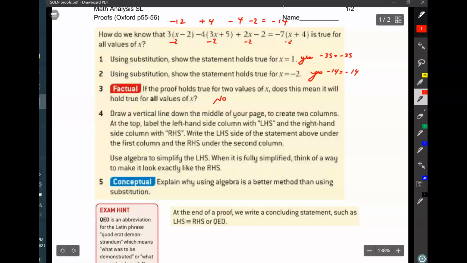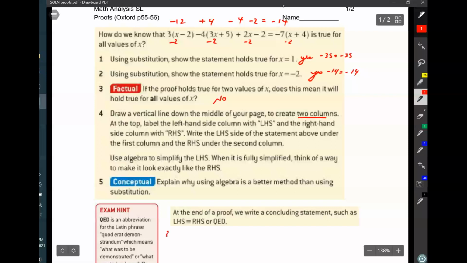Okay. Now what we're going to do is we're going to do a demonstration where we put this left side and right side on a page with 2 columns. And what we're going to do is we're only going to touch the left side and we're not going to touch the right side. Okay? So let's do that. So we're going to copy this down here.